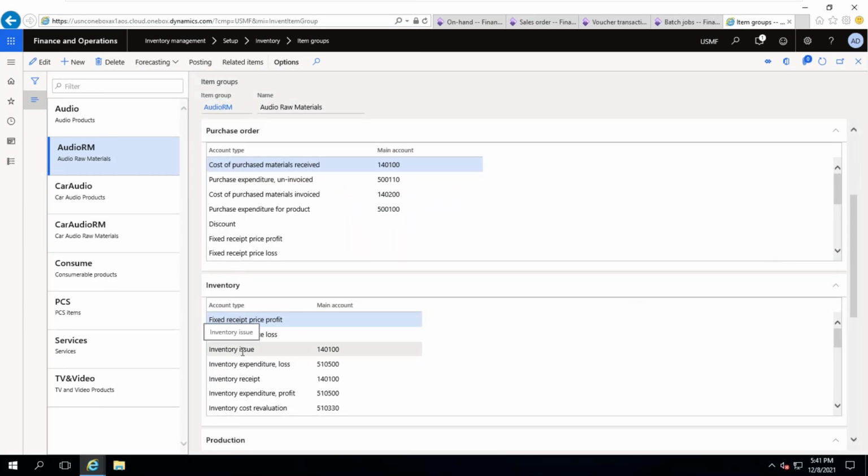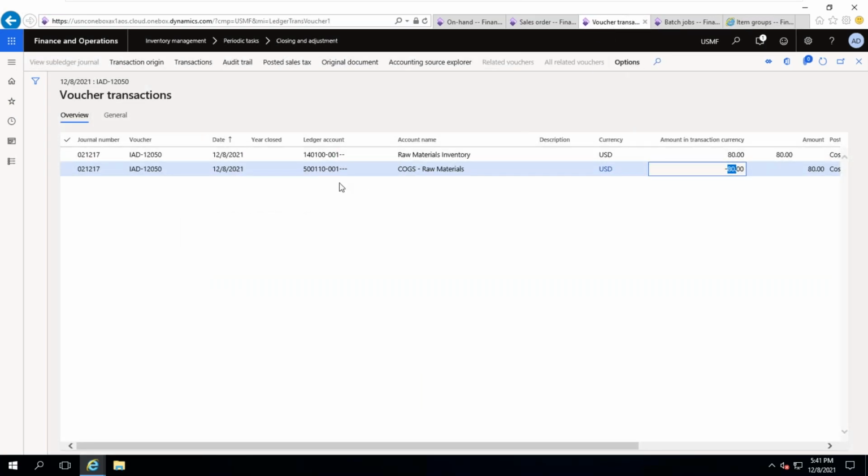So in the inventory tab, you will find inventory issue and inventory receipt. Now it is posting plus, inventory values plus, so this one 140,100, and inventory expenditure loss or profit. Receiving means it is profit, issuing means loss. So that's what that voucher shows.